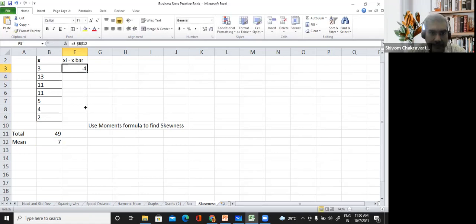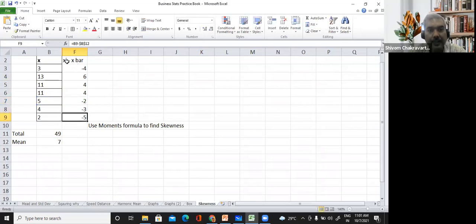Even if we drag this, every time it will take 7. So here it has taken 3 minus 7, then 11 minus 7, again 11 minus the average 7, and here 5 minus 7.